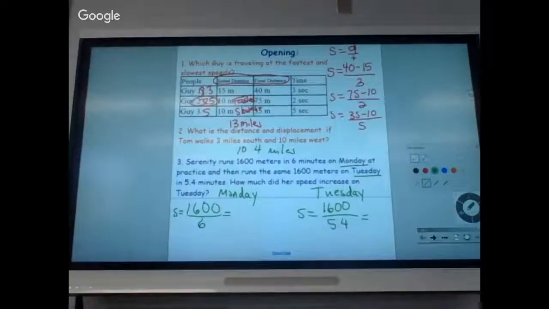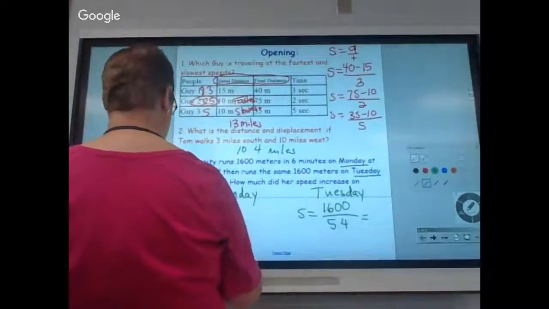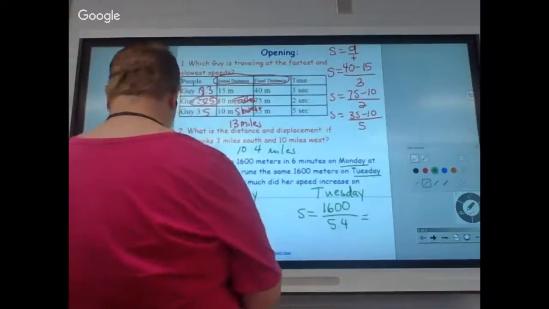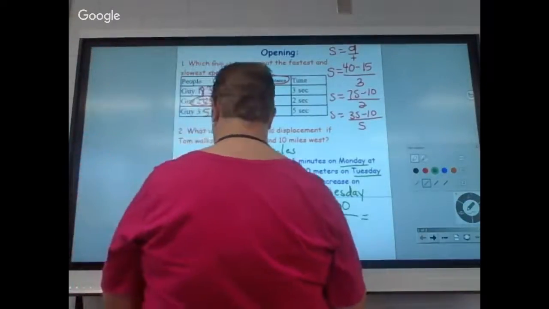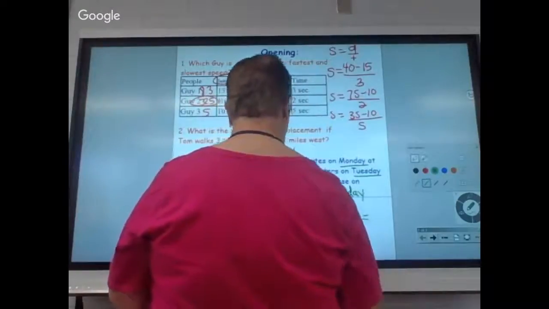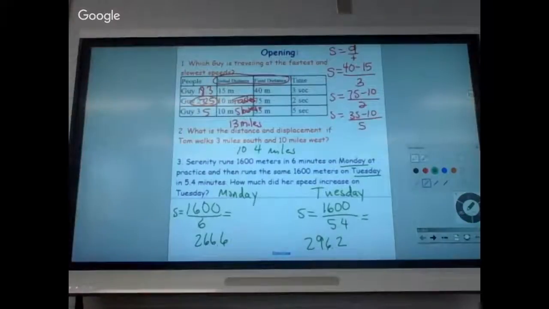All right, so 1,600 divided by 6, and we get 266.6. And then 1,600 divided by 5.4, and we get 296.2. All right, so those are her two speeds. Now, once we know her two speeds, now we can figure out how much her speed increased by doing what? By subtracting them. Okay?